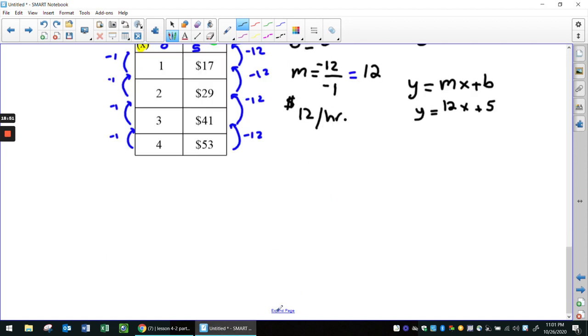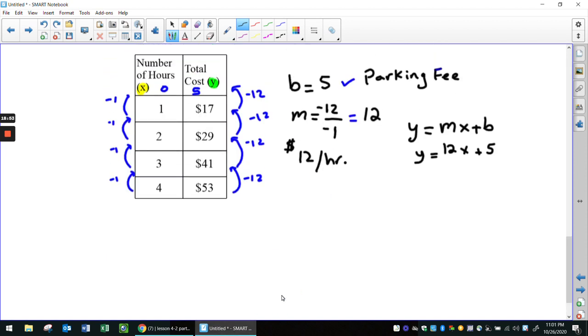I'll bring this down a little bit for you to see it. The y is the total cost, and the x is the number of hours that you're renting the boat.